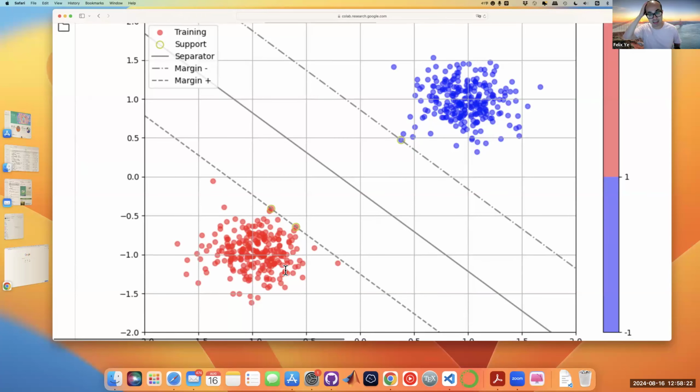This is my separator, which is my decision boundary right here, and this is the upper margin line, and this is the lower margin line. The beauty is you can see we circle out these 2 support vectors, and this one is a support vector. Everything beyond this doesn't matter. It doesn't contribute anything to the decision boundary, because what actually matters is those support vectors.